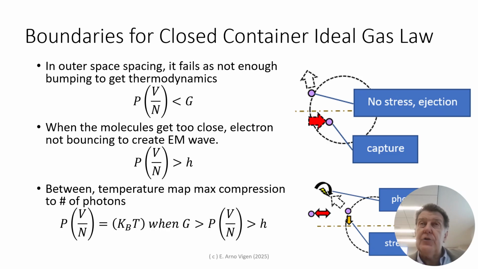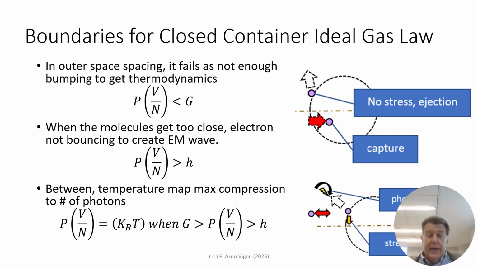Now, the interesting thing is there's another boundary, and that is when the molecules get too close together, they stop being a thermodynamic gas state, and they become an actual chemical reaction. The electron of one molecule actually goes into the other. Okay?